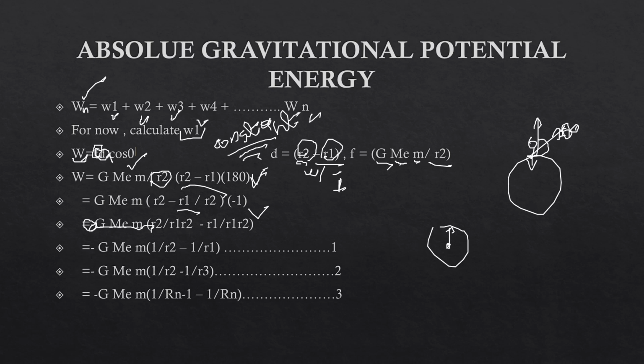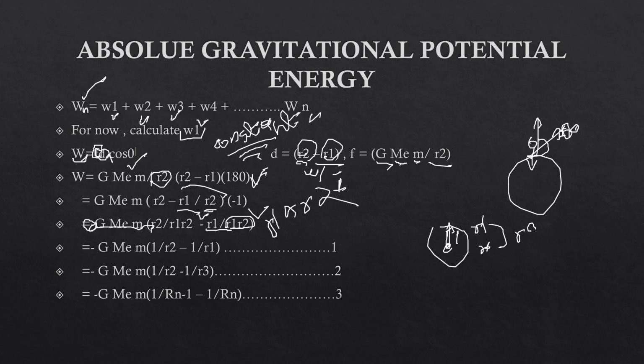Now R squared is the distance from the center to the body, taken as R1 times R2. If we multiply these both values, we get R squared. So in place of R squared, we just write R1 multiplied by R2.